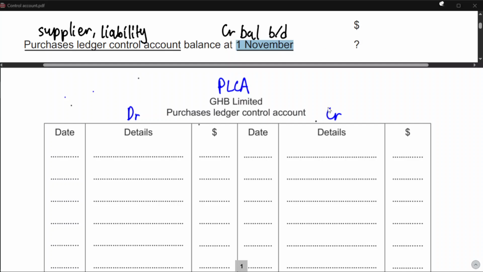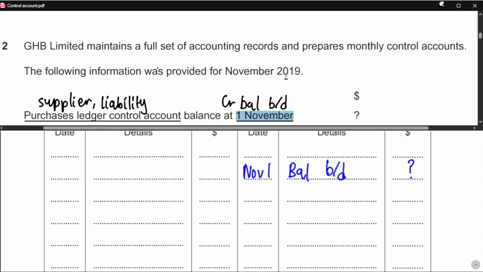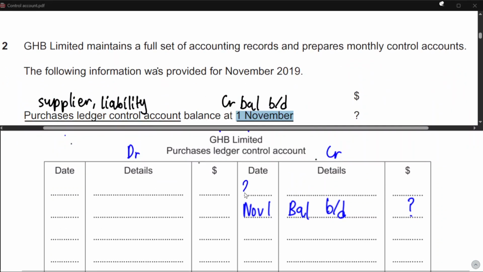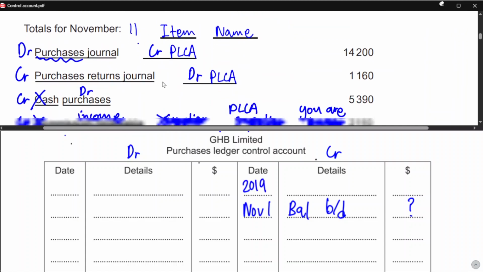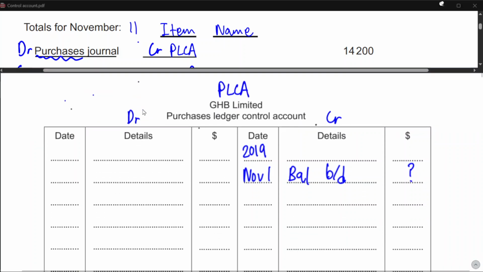So this one credit balance BD, just put question mark. Okay, at 1 November, what month, 2019. I will keep silent. Then you try to enter it.